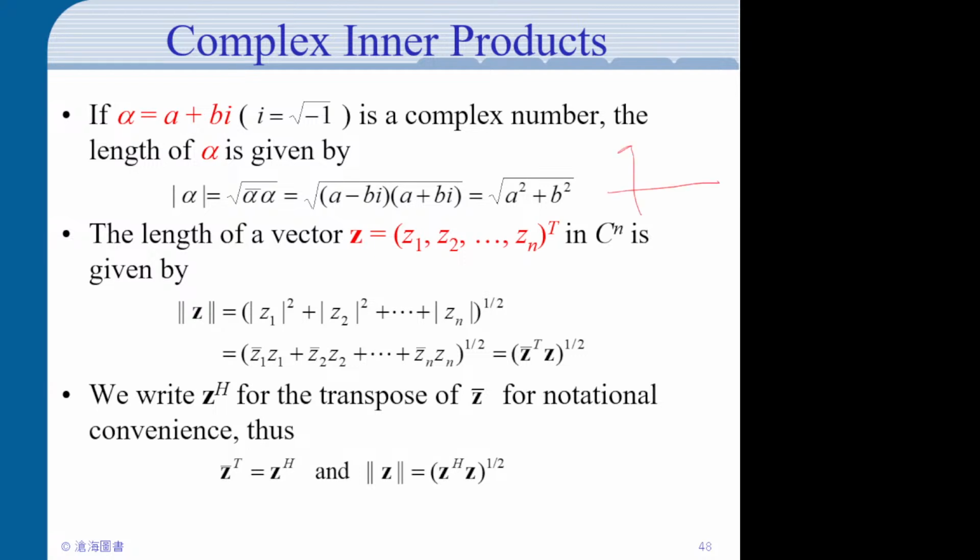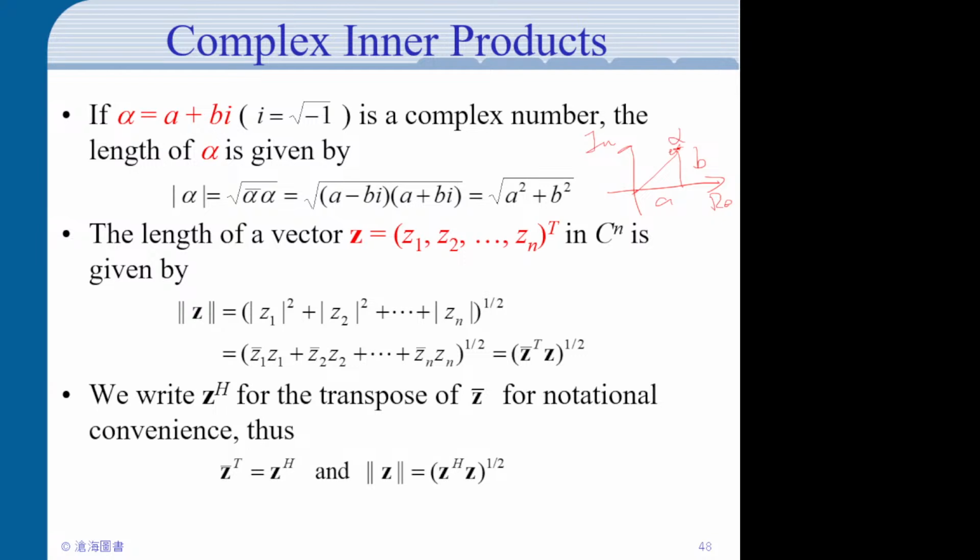Drawing a picture hopefully helps you remember. A complex number is usually drawn in the complex plane, as a plus bi. You have a real axis and an imaginary axis, and the complex number has a real part a and an imaginary part b, like a two-dimensional vector. So its length is the square root of a squared plus b squared. But it can also be written as the square root of alpha times alpha's complex conjugate, where alpha complex conjugate is this vector.